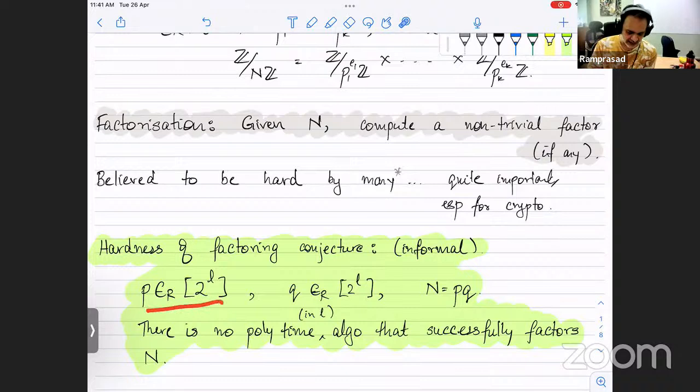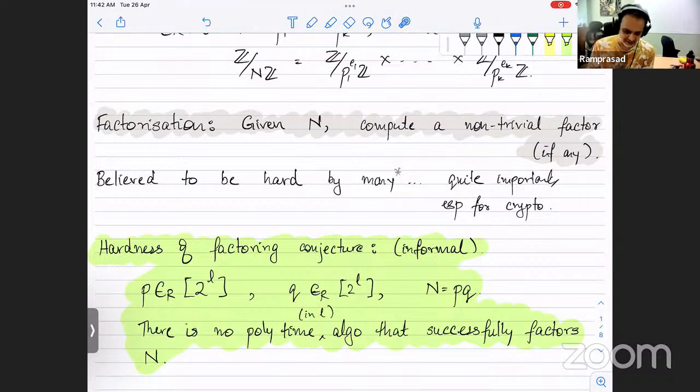If someone picks a random prime from the first two to the L numbers and another random prime from the first two to the L numbers independently, and now builds this obviously composite number n, which is the product of p and q, and provides this n and says, okay, now factor it and show me. The belief is that there is no polynomial time algorithm to do this successfully.